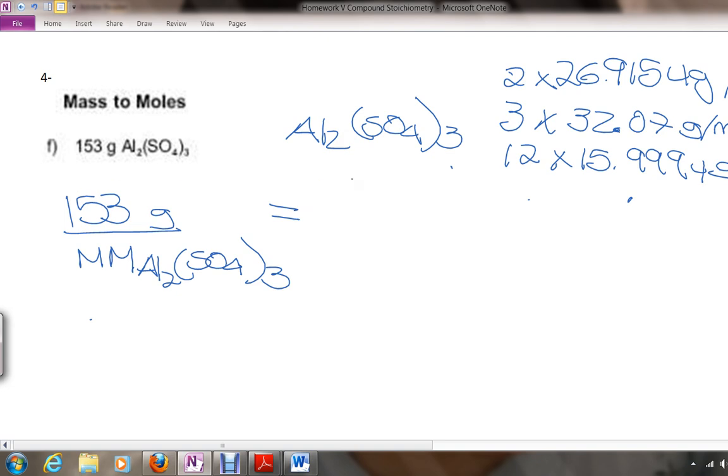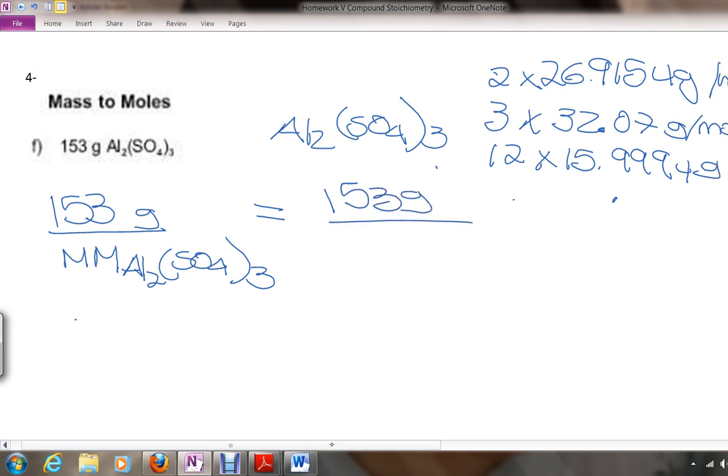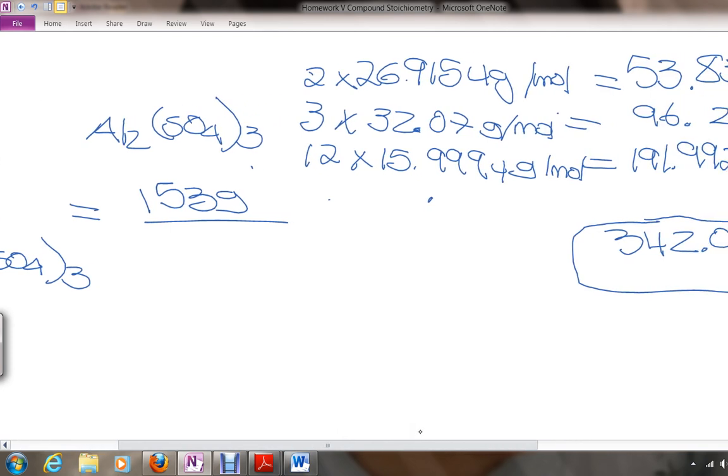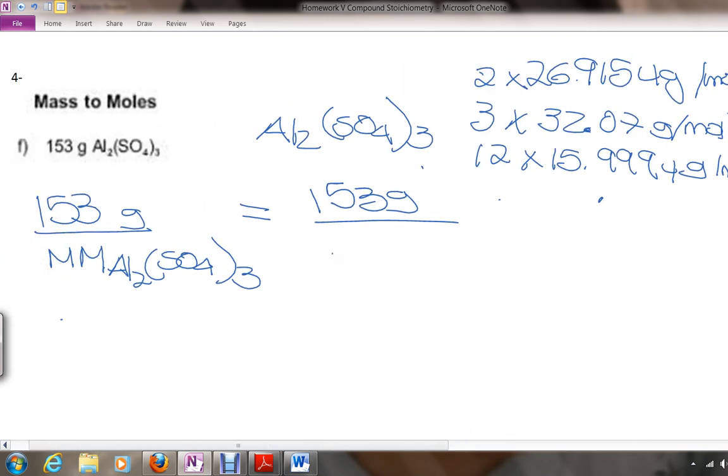And we have 3. So it's 153 grams divided by the molar mass we just found, 342.0336 grams per mole.